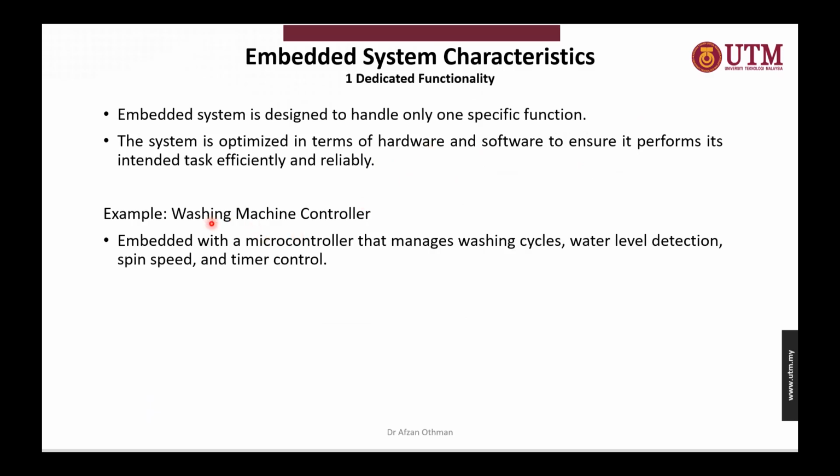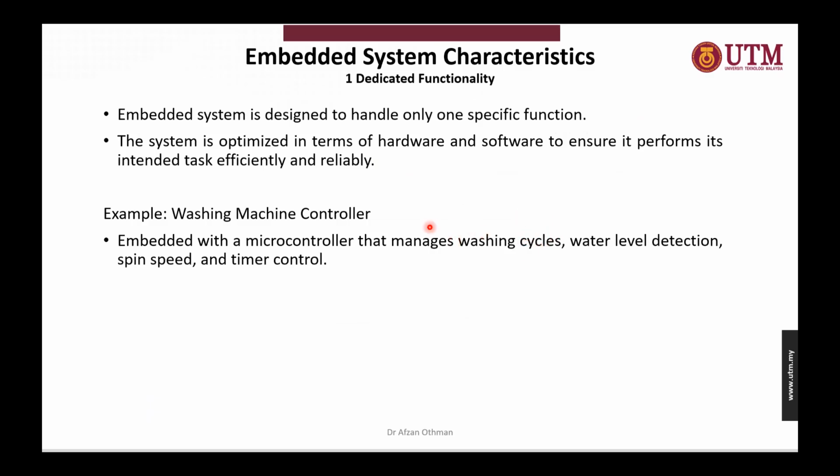All right, so examples here. We have a washing machine controller. This washing machine controller is embedded with a microcontroller that will manage the washing cycle. Because it's a washing machine, we need to manage how many cycles for washing, how many cycles for rinsing, and how many cycles to spin the clothes to make them dry.